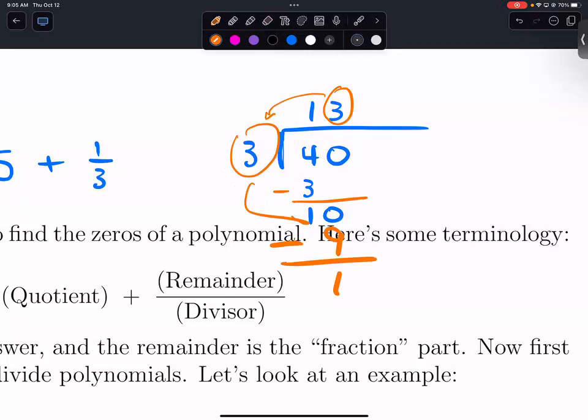So how many times does 3 go into 40? 13 with remainder 1. So 40 divided by 3 is 13 and 1/3 left over, right? That's what we just figured out. The remainder was 1. The quotient was 13.